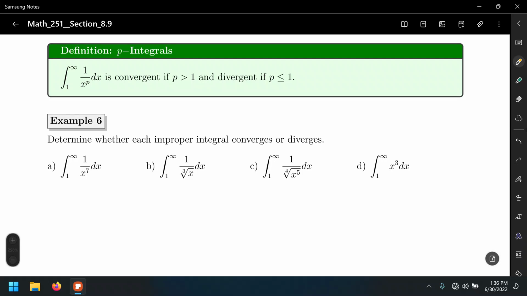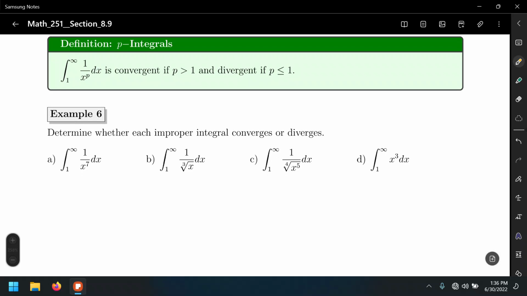Let's see the p integral. This will be very useful for the upcoming chapter in infinite sequences and series. And this theorem right here is useful to determine the convergence or divergence of an integral of this form. Recall, yesterday when we started working with this topic, we were working on integrals: 1 over x cubed, 1 over the square root of x, cube root of x.